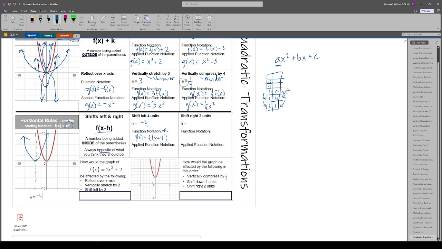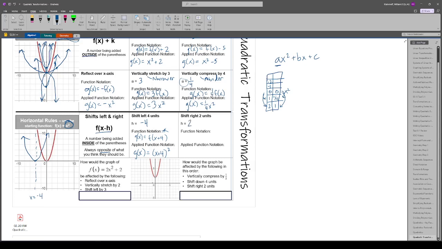But our function rule is x plus 4. Our applied function notation, we're going to just leave as where x was, we put x plus 4, and then remember we have a square applied to that. So the rule and the applied version look very similar here, but they are different because the rule doesn't have a square in it and the applied function does.